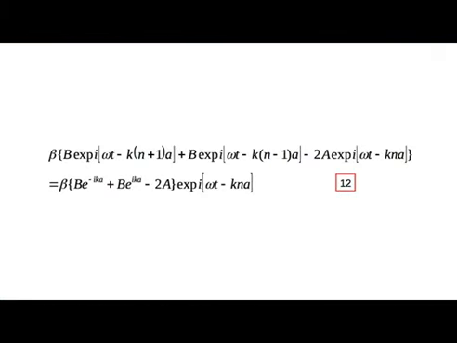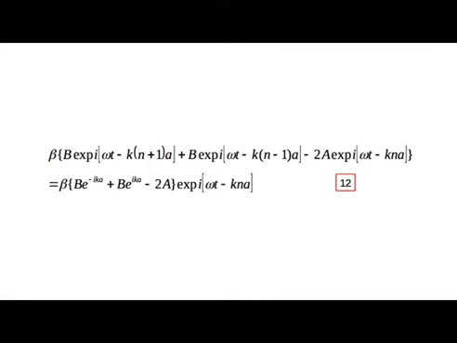So, in the right hand side of equation 9, we substitute UN plus 1 and UN minus 1, and on simplification we will get beta into b e raised to minus i k a plus b e raised to i k a minus 2 a exponential i into omega t minus k n a, right. You can always try to derive it yourself.